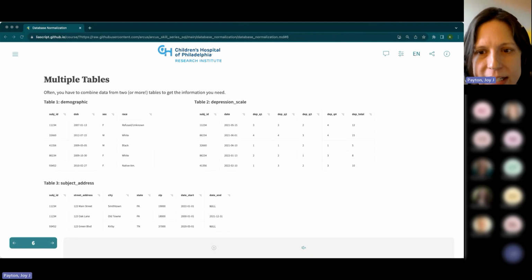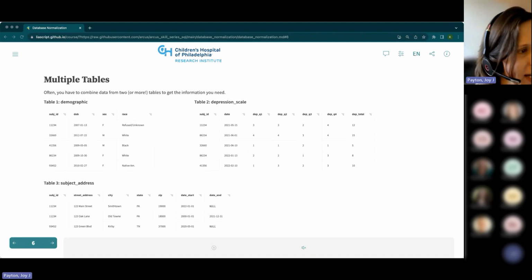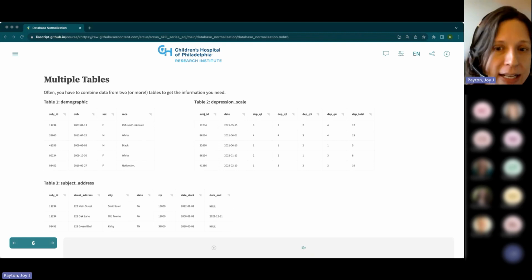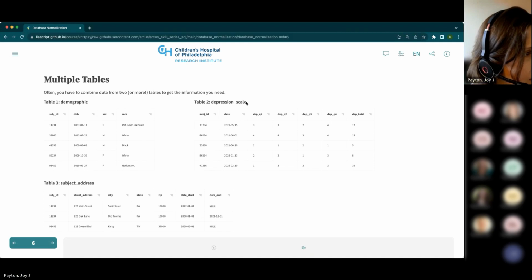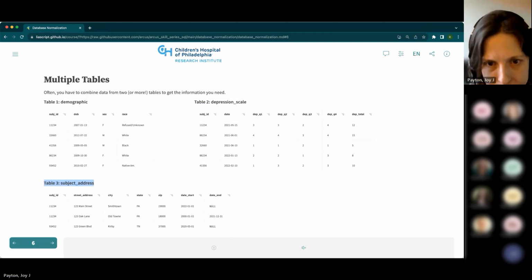We also have a table that holds depression scores for subjects. It looks like it's maybe a 4-question psychometric scale, and this scale has the 4 questions and then a total depression score. That table is called depression scale. And then we have a third table here called subject address.